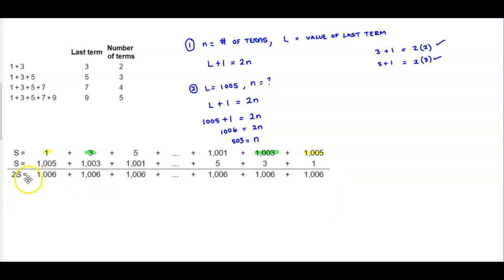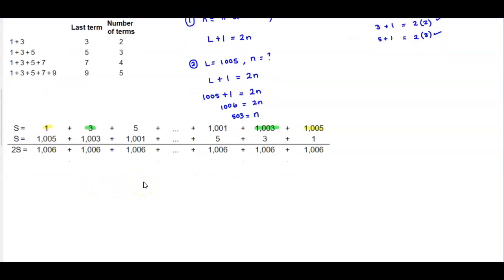That tells us that 2S is equal to 1006 plus 1006 plus 1006. So how many 1006s do we have? That tells us we have 503 of them. So therefore, in step 3, we can say that 2S is going to equal the number of terms, which is n, times 1006.